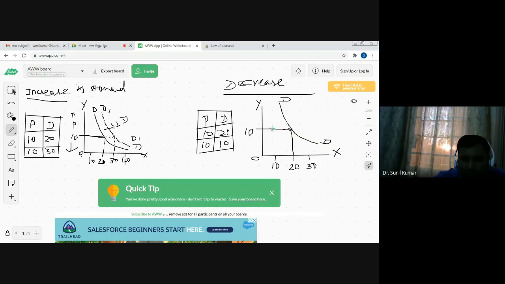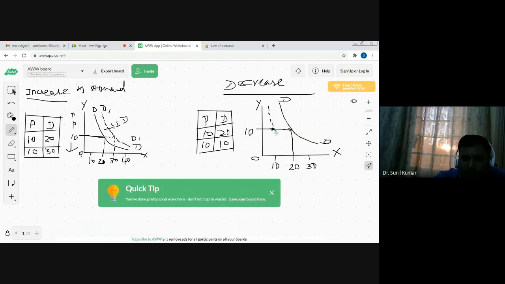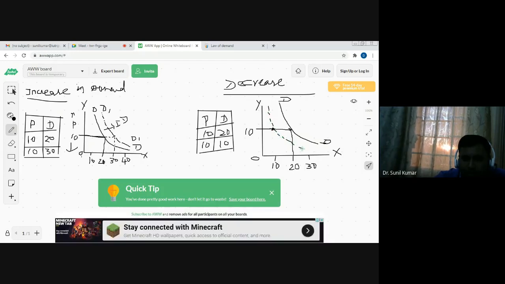Just see. So a new curve has been made. Write down: this is known as the decrease in demand curve.